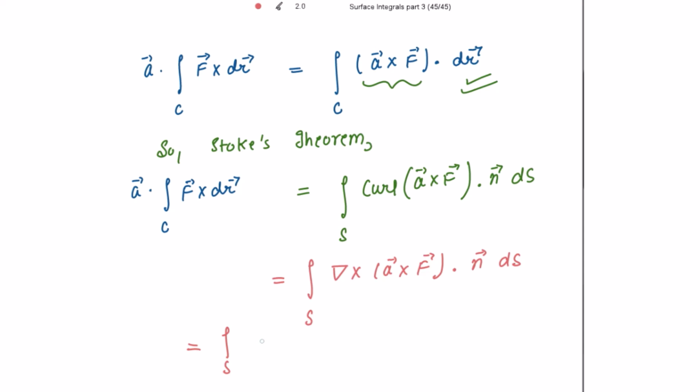So writing here, first vector into the divergence of the second vector, minus the dot product of first vector with del operator multiplied with the second vector, and writing the rest of this, that is the dot product of n vector ds.